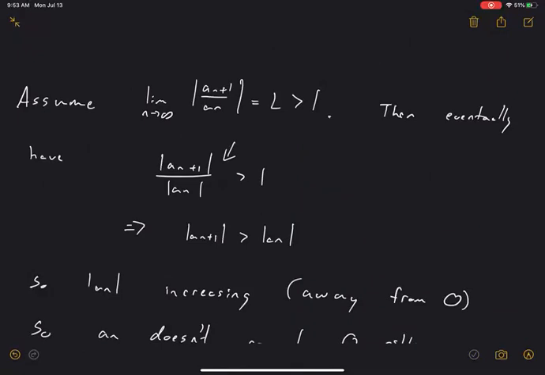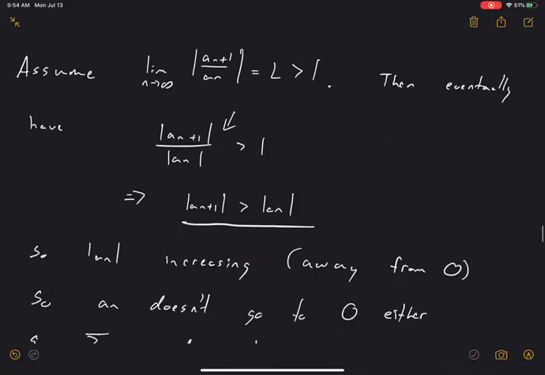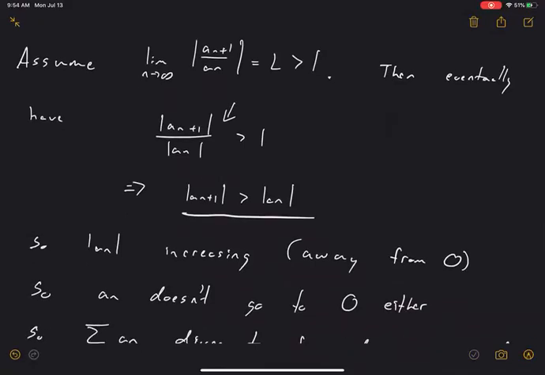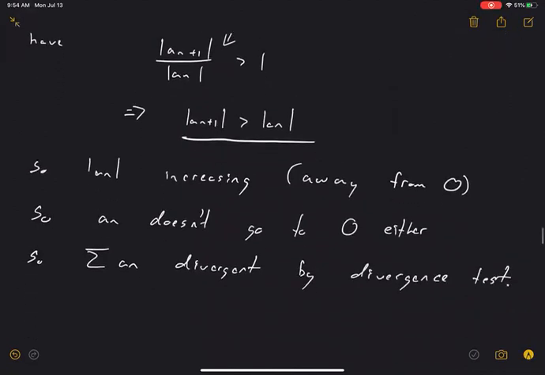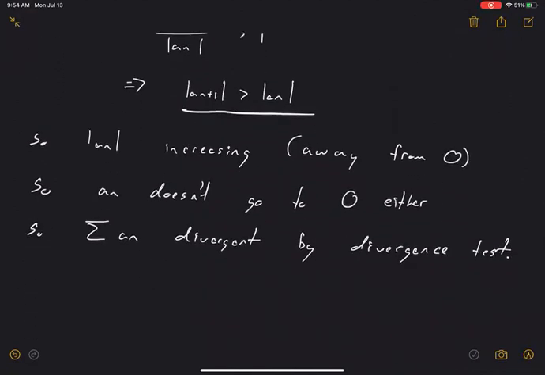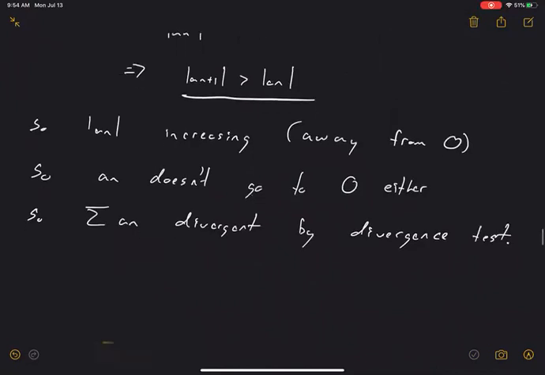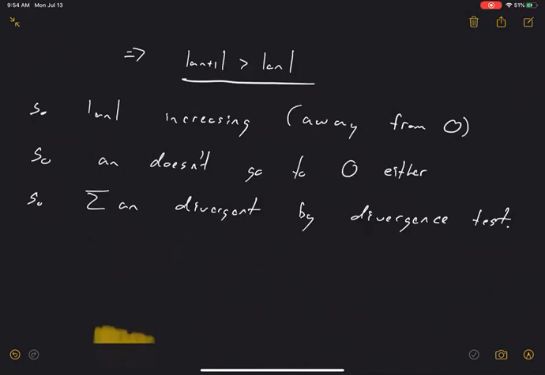And so in particular, we say a_(n+1) is greater than a_n. And so a_n is increasing, and that means it's getting further away from 0, right? Since all of these are positive. So the absolute value of a_n is increasing. It's getting farther away from 0. And that means the original terms have to be getting farther away from 0, right?